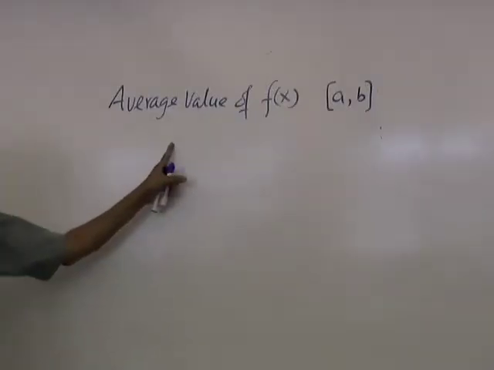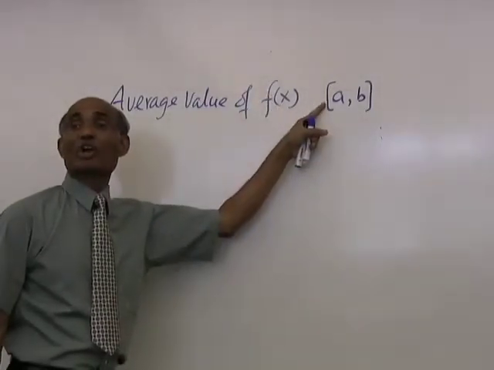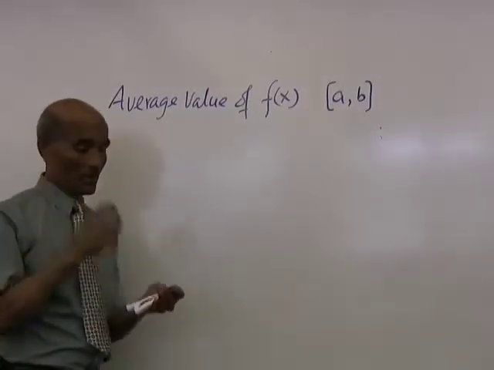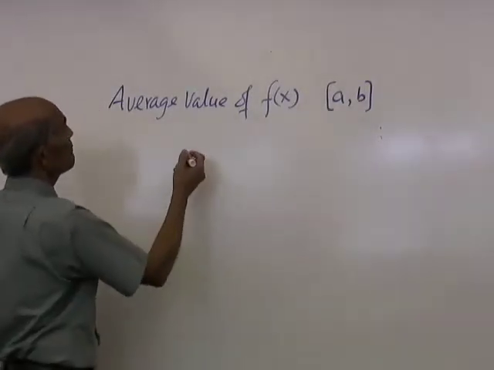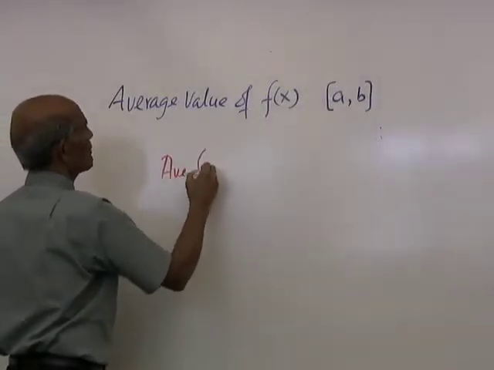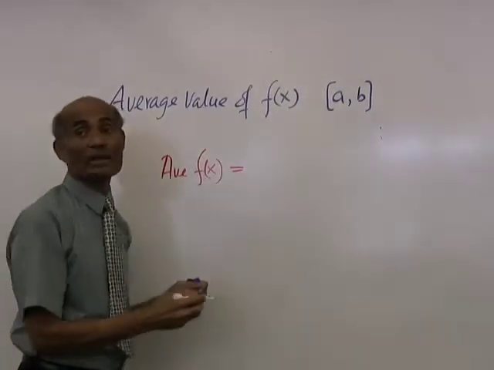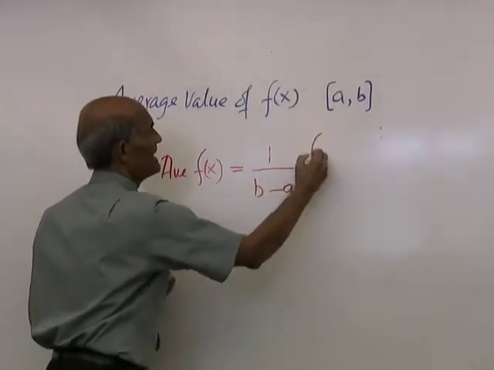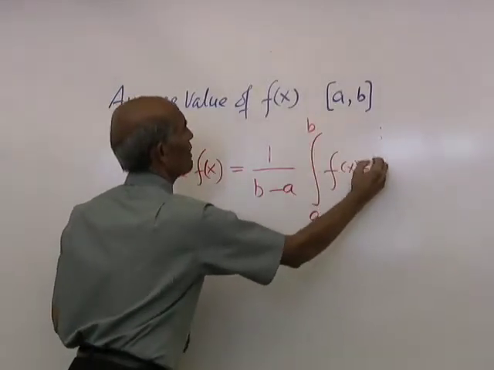We will now discuss the meaning of average value of a function f of x in the closed interval x equal to a to x equal to b. Now, I'm going to give you the results of this. The average value of a function f of x on the interval ab is 1 over b minus a integral a to b of f of x dx.